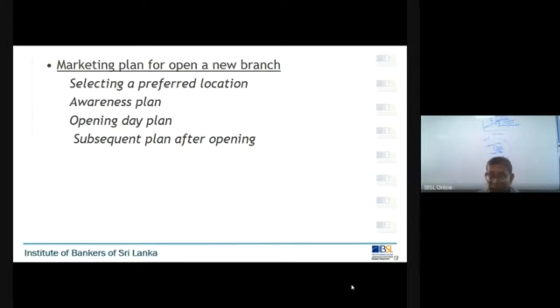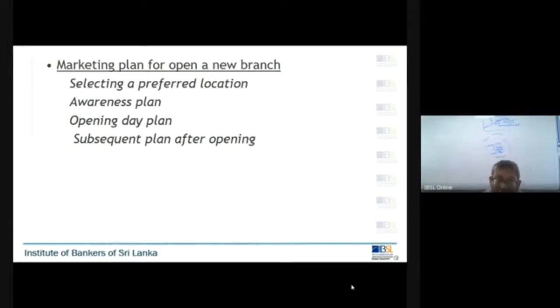Create awareness. Visit all the government institutions sometimes, right? And you may visit schools, so create an awareness campaign, right? Social organizations, you may carry out some CSR activity sponsored by this bank, ABC Bank, right? So get the people's attention, create awareness.